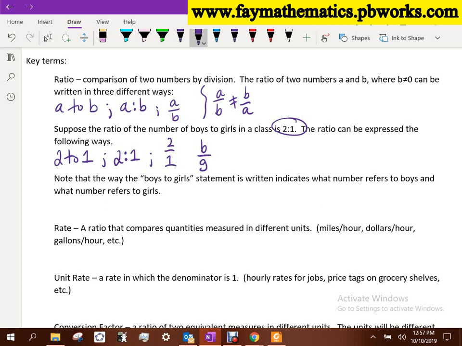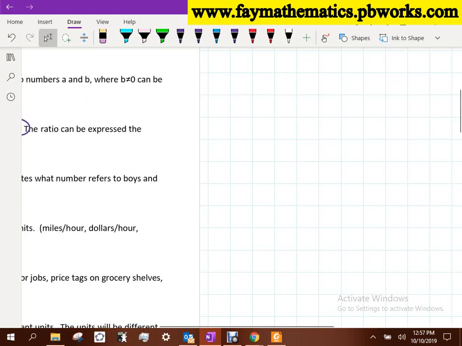Does that make sense? But it means in that group of 3, for every 3 of them, there's only 2 boys and there's only 1 girl. So that idea helps me answer questions like the one we just said. If I've got a 2 to 1 ratio where this is boys and this is girls, let's say we have 13 girls, how many boys are you going to have?